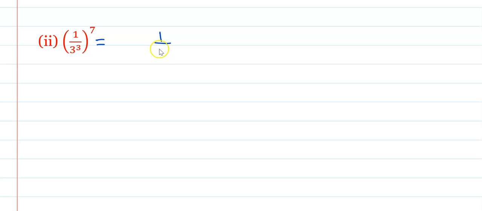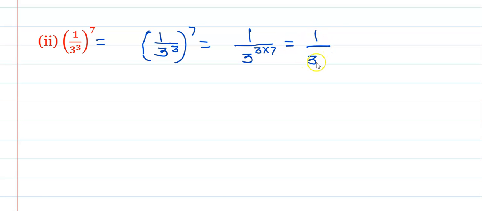Here you will get 1 by 3, and this is the bracket that is raised to 3, the bracket raised to 7, and therefore here you will get 1 upon 3 raised to 3 into 7, and that equals 1 upon 3 raised to 21.